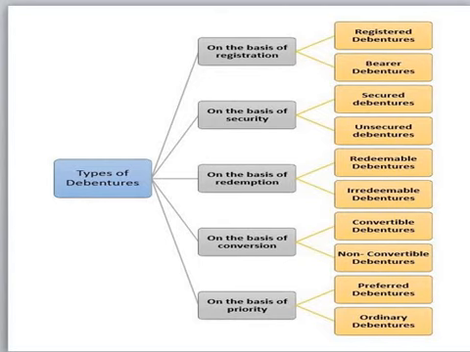And the last one is on the basis of priority. On the basis of priority, we can classify them as first and second, or as preferred debentures and ordinary debentures. Preferred debentures are like preference shares.